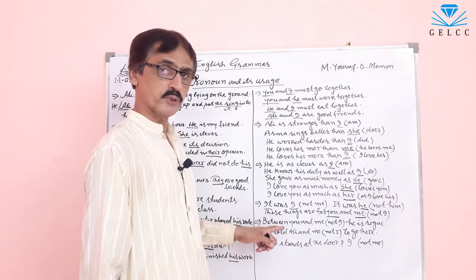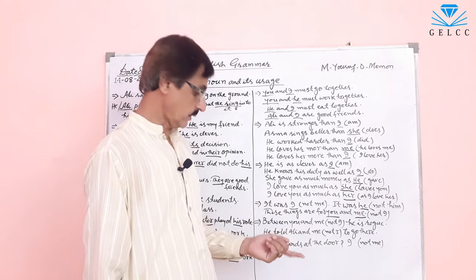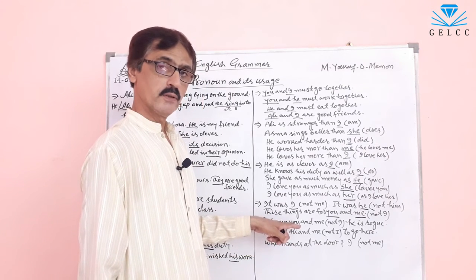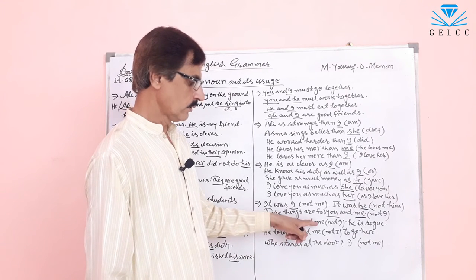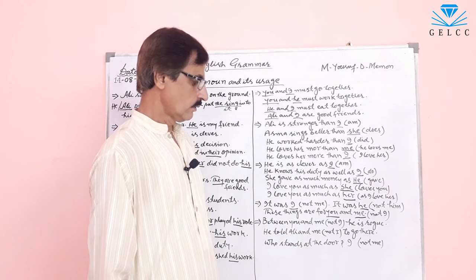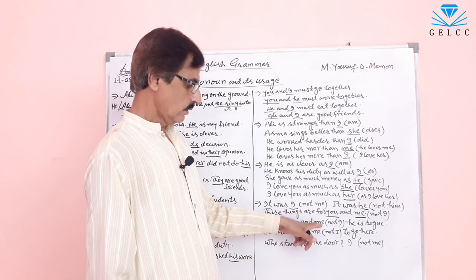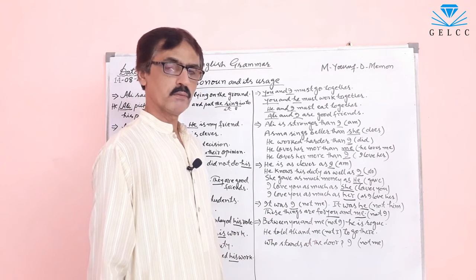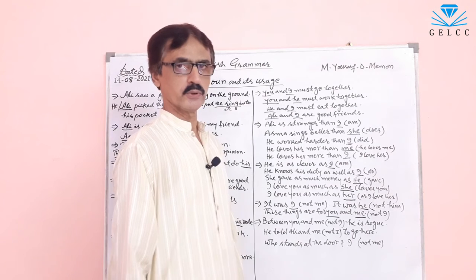If there is a preposition before a pronoun, the pronoun will be in objective case. Here use objective case, not nominative case. Between you and me, he is a rogue. We cannot use here I instead of me, because I is subjective case, nominative. Here we cannot use nominative case.